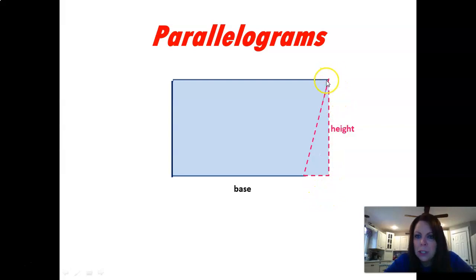A lot of times in geometry, you'll see this dotted line, and most often it's either in this pink color or it's in red. And when you see that dashed pink or red line, that is almost always going to be the height measurement for any geometric figure that you're looking at. And it usually will have this little right angle box there to let you know for sure that that is your height measurement.